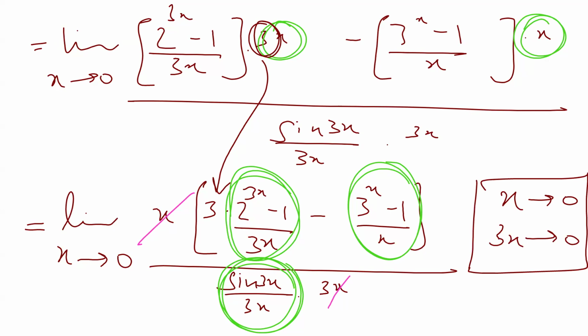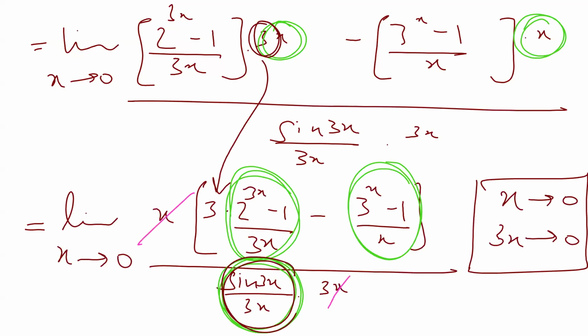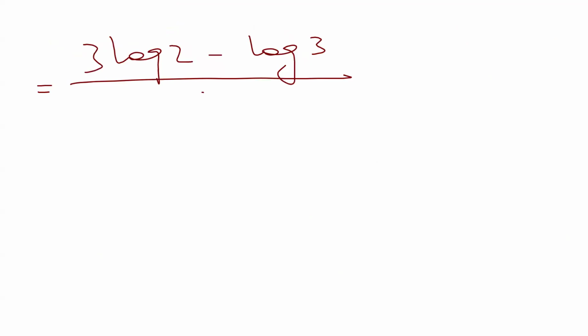Once I have given instruction, please do not ask me this again. So 3 log 2 minus log 3 upon. This is supposed to be 1.